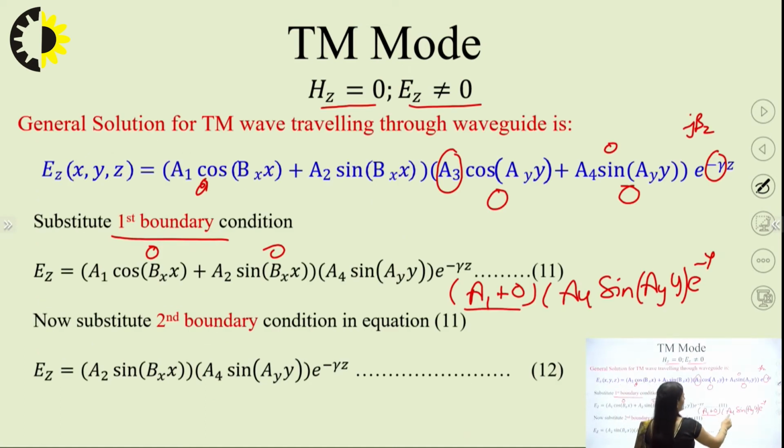Either this factor will be 0 or that factor will be 0. We assume that a1 is equal to 0. So this equation will be reduced to a2 sin bx x, a4 sin ay y e to the power minus gamma z.